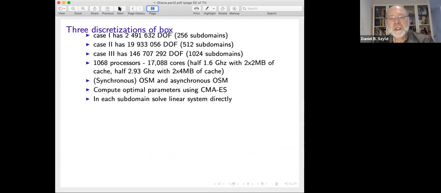So let me show you some experiments: 3 different discretizations, 2.5 million variables, about 20 million variables, and about 50 million variables, with 250, 512, 1,000 subdomains. This is a machine in France with 17,000 cores, and they are not the same.